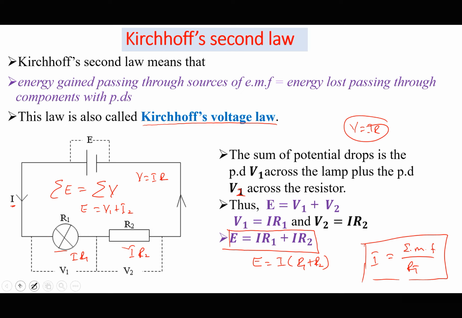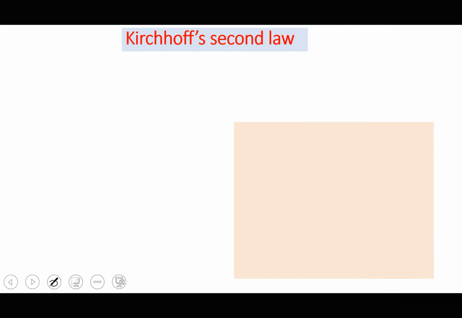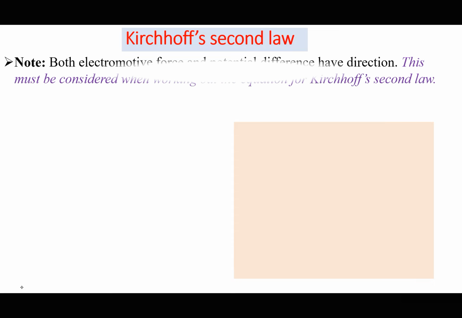Okay, so we are still exploring Kirchhoff's second law. Both EMF and PD have direction, and therefore this is going to necessitate what we shall call the sign allocation to the PDs and the EMFs.